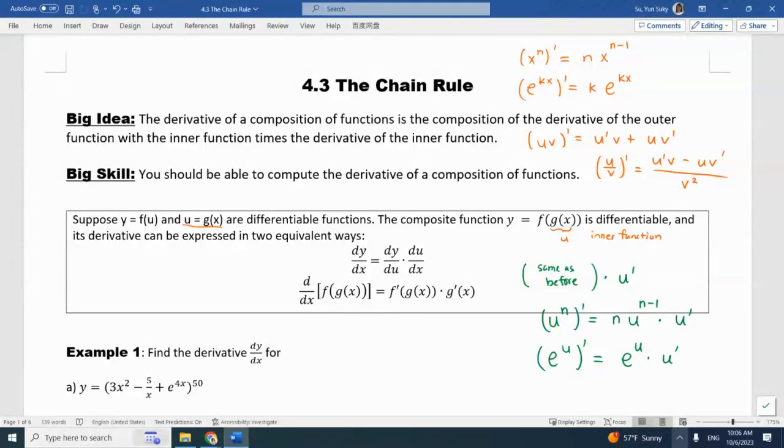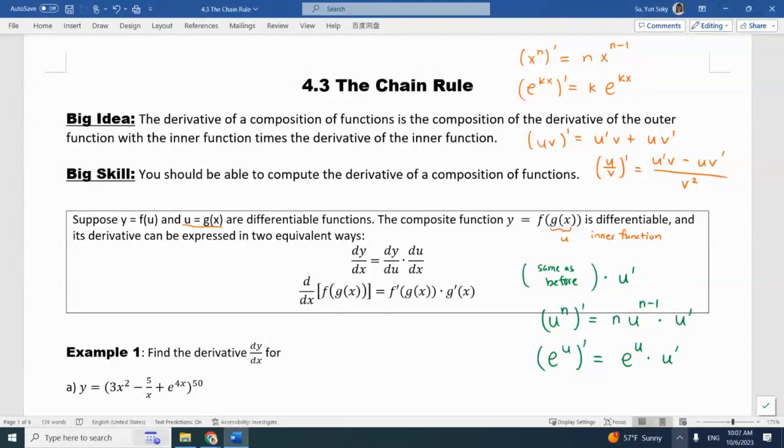Because for e to the kx, you can think of kx as u, then it equals e to the u times u prime, and the derivative of kx is k. Do you see that, everybody? So actually, I told you this formula, but how to get it is from the chain rule.